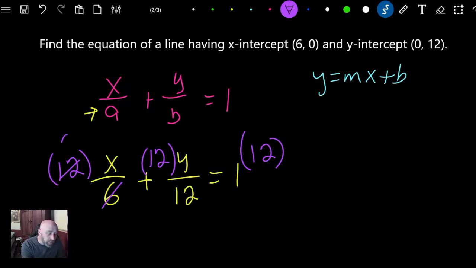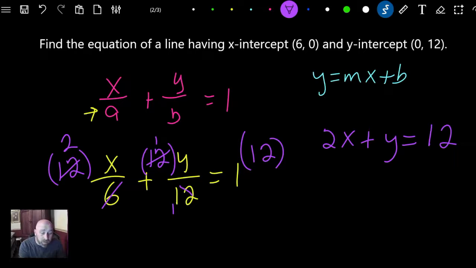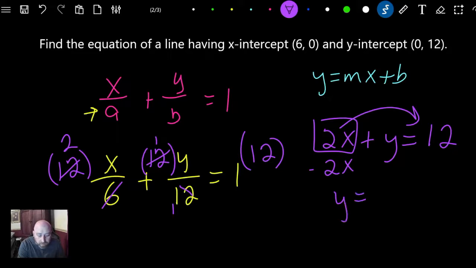So look here, I get 2x plus y, because the 12s just cancel out, and I get equals 12. Again, I'm looking for y equals mx plus b format, so I want to take this whole thing over here. So subtract 2x from both sides, and I get y equals negative 2x plus 12.